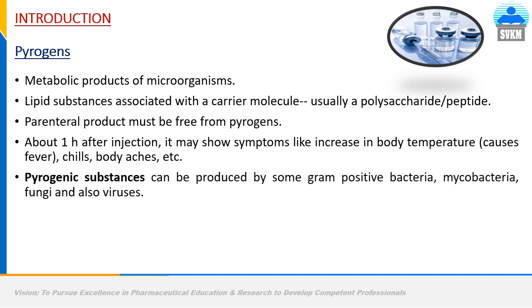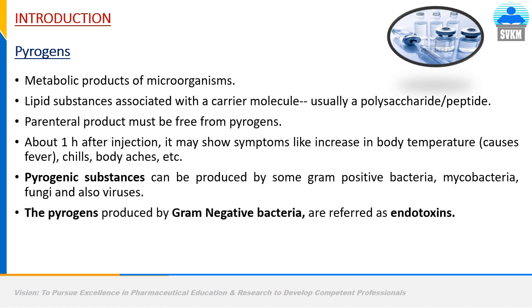Pyrogenic substances can be produced by some gram-positive bacteria, mycobacteria, fungi, and also by viruses. When these pyrogens are produced by gram-negative bacteria, they are referred to as endotoxins.